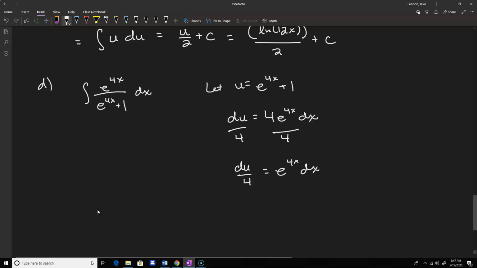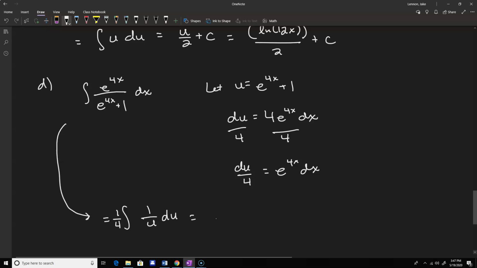And so then our integral that we have up here can now be computed. Basically we get the du over 4, which we can just write as a 1/4 in front if we want to move our constants outside, and then the e to the 4x is replaced, so is the dx by the du, and we are left with 1 over u du.